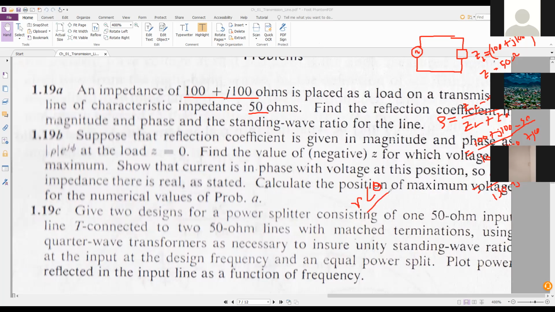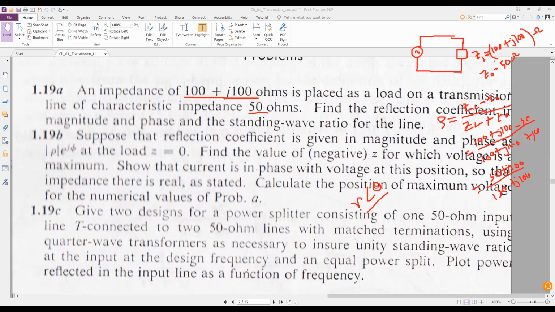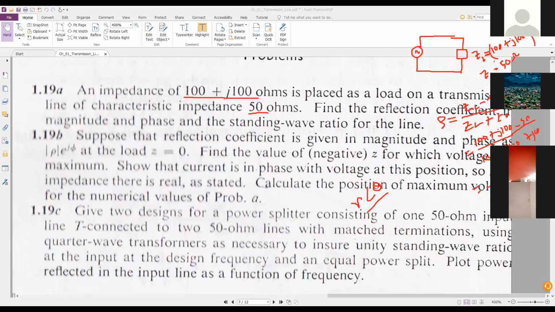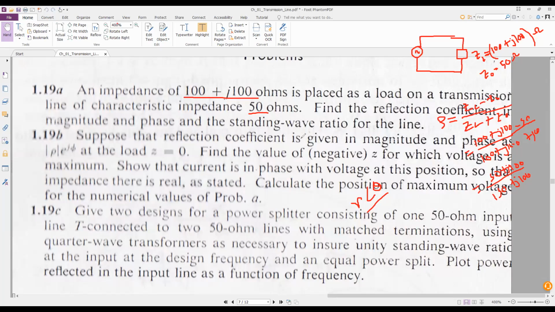R angle of theta. What is the value of R? Just do the calculation, then you'll get it.